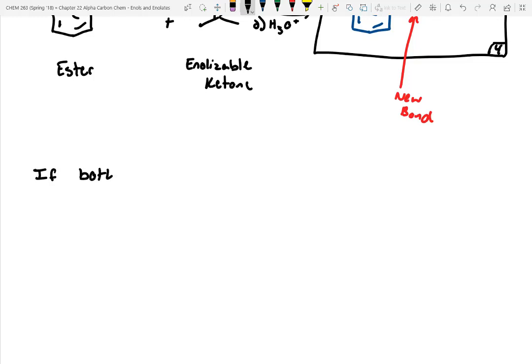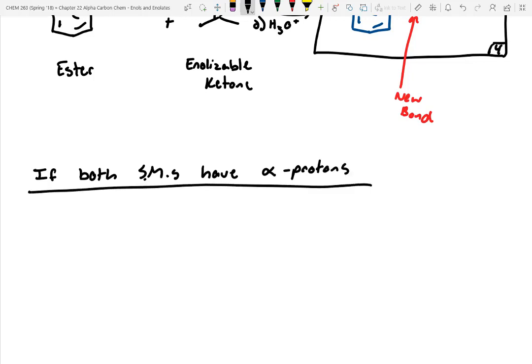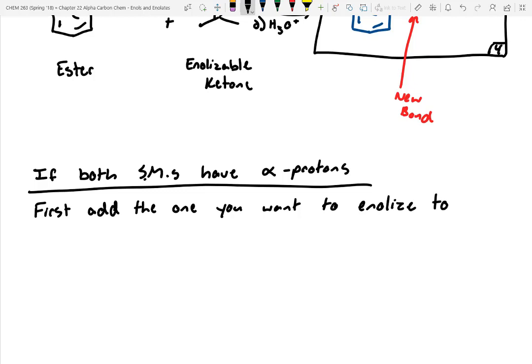So if both starting materials have alpha protons, first add the one you want to enolize to LDA.